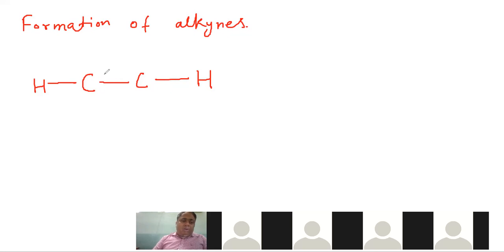In this triple bond, as I told you, one pi bond is above and below the plane, then the second pi bond, in which plane will it be? For this, let us try to see a three-dimensional plane. So let me make one three-dimensional plane.